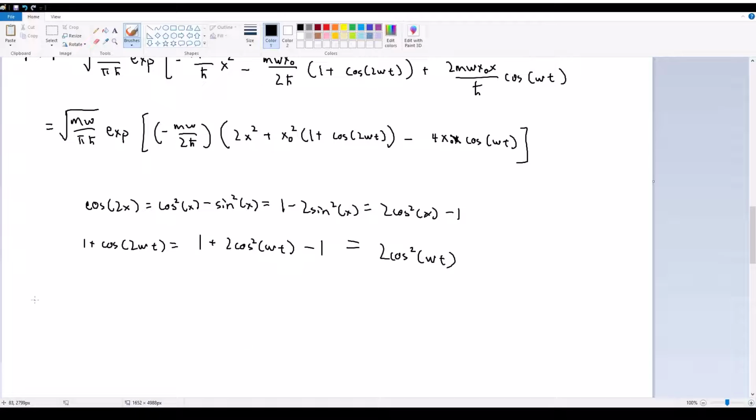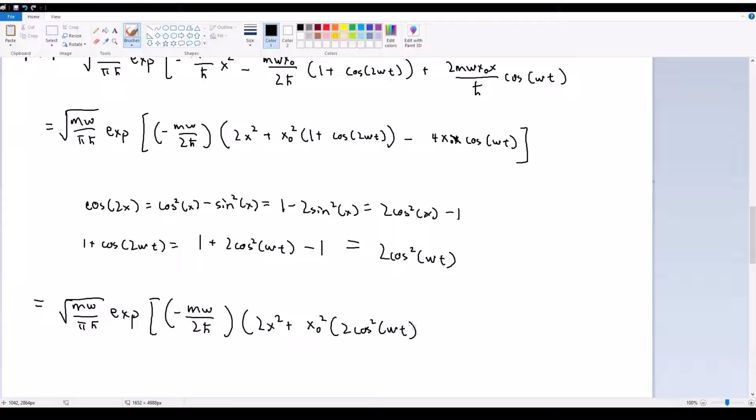So at this point, I'm going to get square root m omega over pi h bar times the exponential, once again, negative m omega over 2 h bar, 2x squared plus x naught squared, and then 2 cosine squared of omega t minus 4 x naught x cosine of omega t.